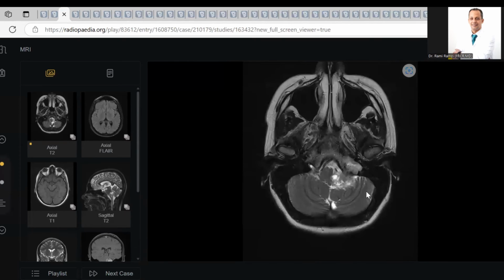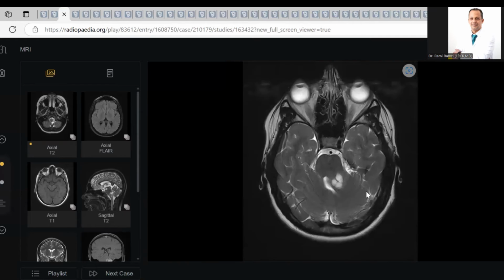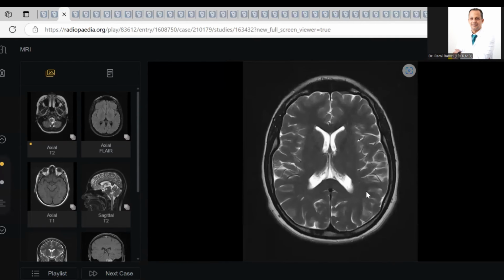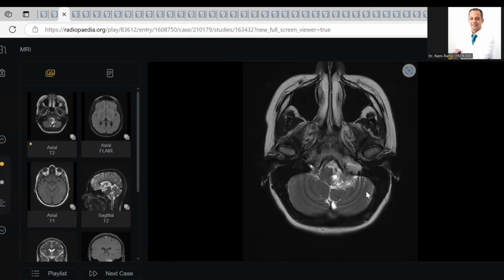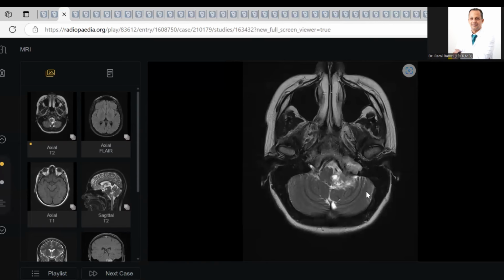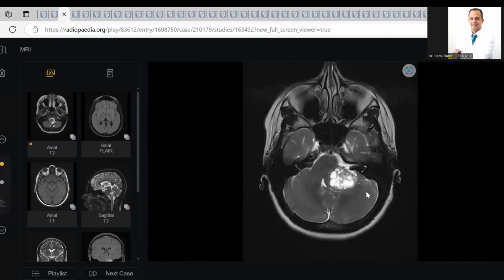This is the first point you should talk about. You should tell me, doctor, I will pick up the phone, calling the neurosurgery doctor for decompression or at least for consultation. So this is jugular foramen schwannoma, heterogeneously enhanced.